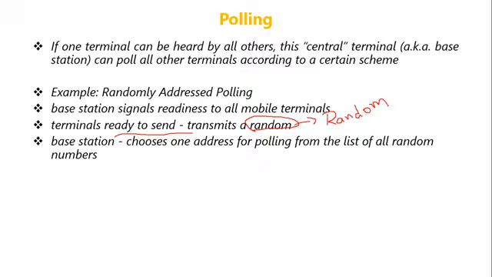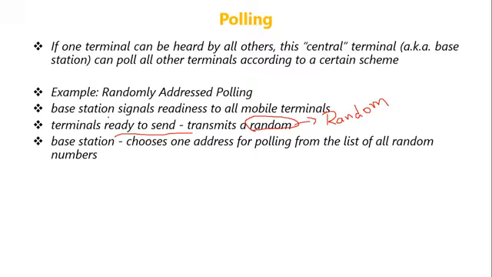If two terminals select the same random number, then it will result in a collision. So the concept here is that the base station will first send a signal stating that I am ready for communication, and whenever the base station is ready, the terminals will generate a random number and send it to the base station.